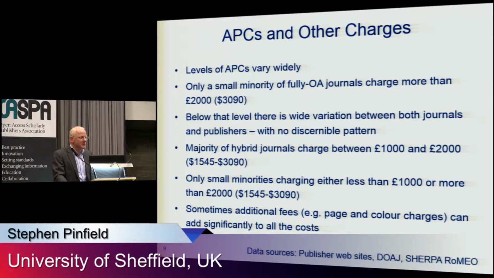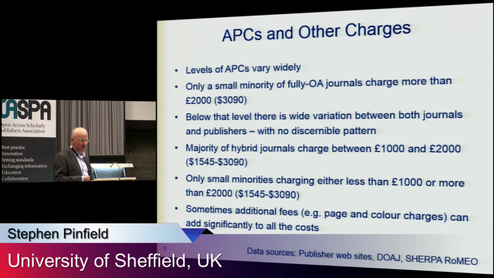We found that levels of article processing charges varied enormously in the sample of journals that we looked at in detail. Only a small minority were over £2,000, that's just over $3,000. Should have done a euros conversion, but I didn't, I'm afraid. Now, there doesn't seem to be a discernible pattern here, just wide variation, which is probably a sign of immaturity in the market.